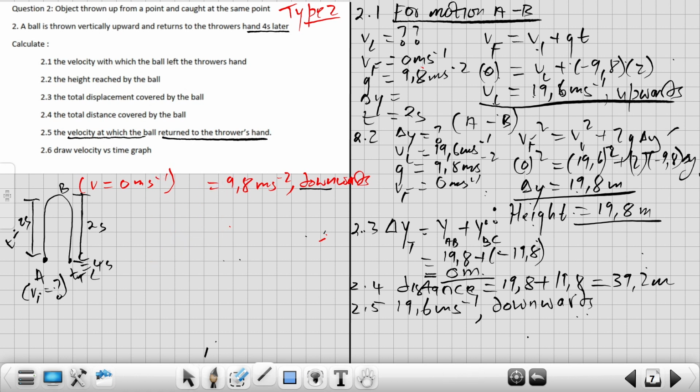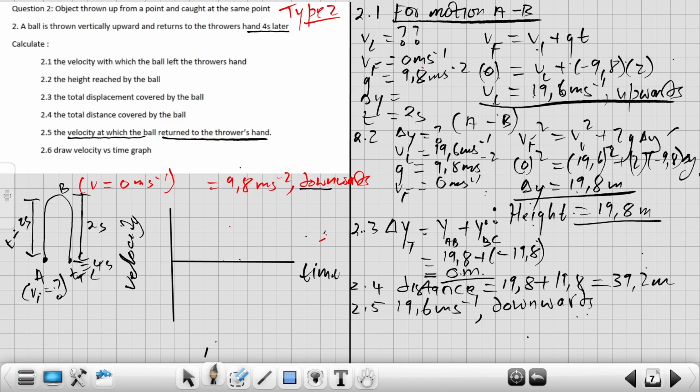Then we have our axis. This is velocity, and this is time.